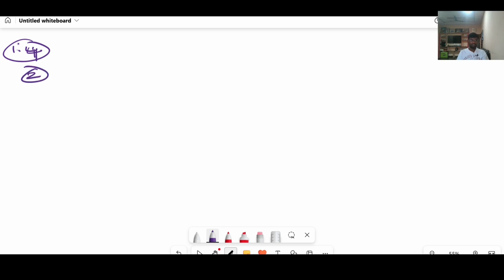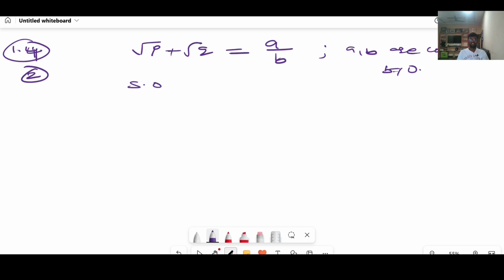Second question. The second question is also just like the example, but I will explain a little bit faster. If we assume root p plus root q as rational, if that is rational, a comma b are co-prime numbers and b not equal to 0, same thing, squaring on both sides. I'm explaining a little bit faster because we have already completed this question, right?